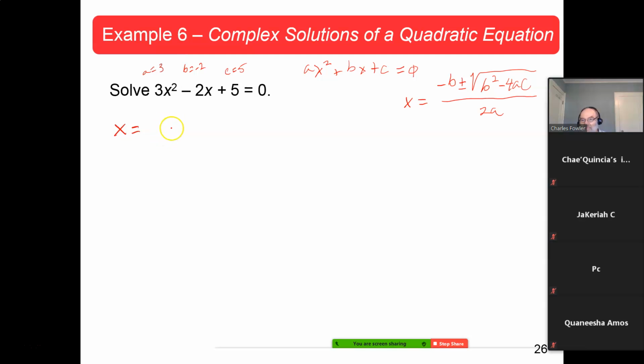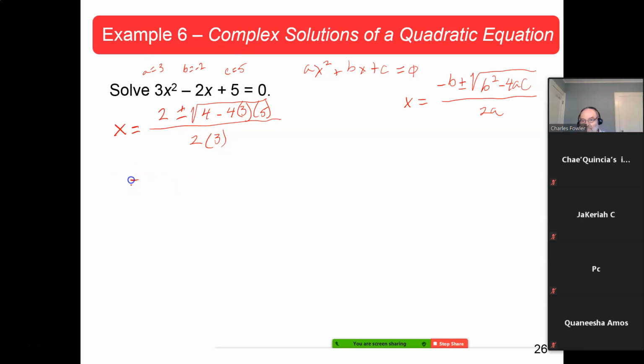So let's write down what we've got. x is equal to minus b, so that would be a 2, because this b is minus 2, plus or minus the square root of b squared, which is 4, minus 4, that's always a minus 4 there, times a, which was 3, times c, which is 5, and you divide that by 2 times a, which is 3.